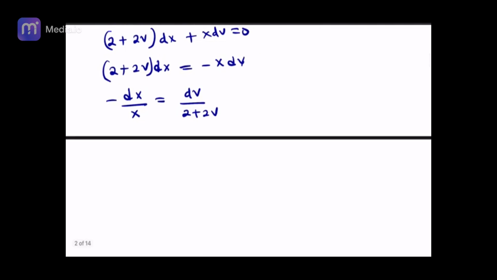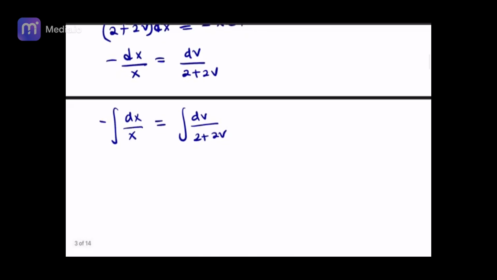So what we have to do is to integrate both sides. So we have −∫dx/x = ∫dv/(2 + 2v). So I can simply have −ln x + c = 1/2 ln(1 + v). Of course, I want to do it one by one so that you can understand what I did.